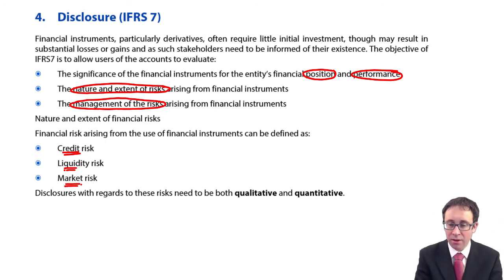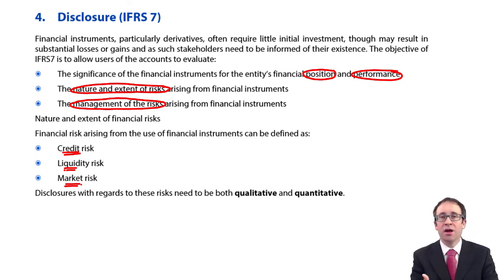And also looking at the market risk. So if you've made some investments in shares, what is the risk that is attached to those shares? So we can gauge as a user of the financial statements the likelihood of that price going up or going down, and therefore how likely we are to make gains or losses.